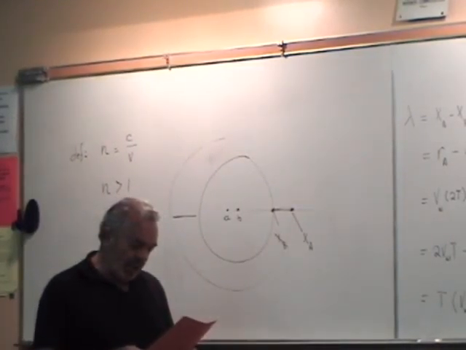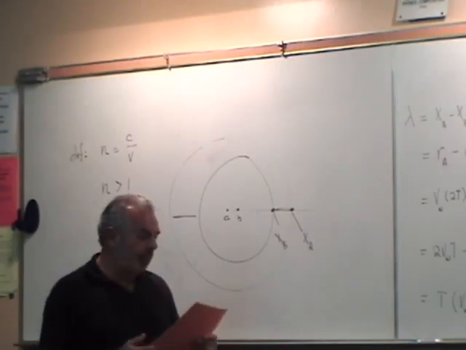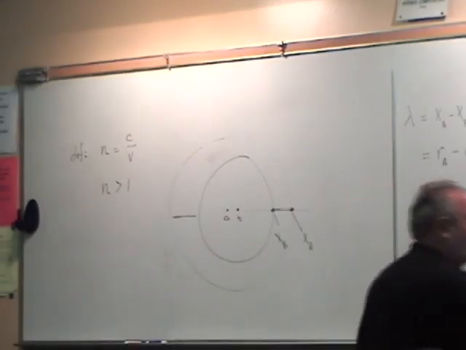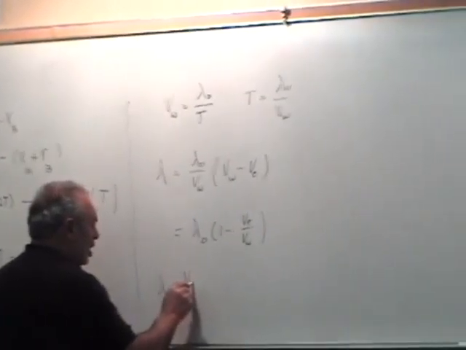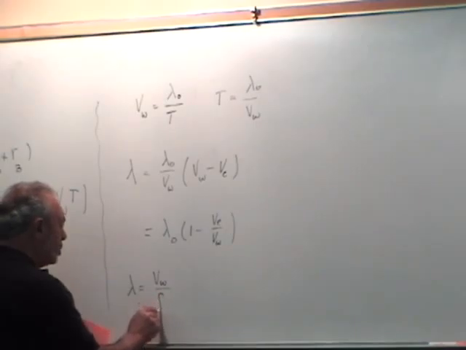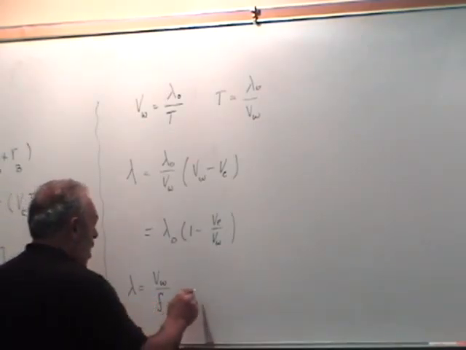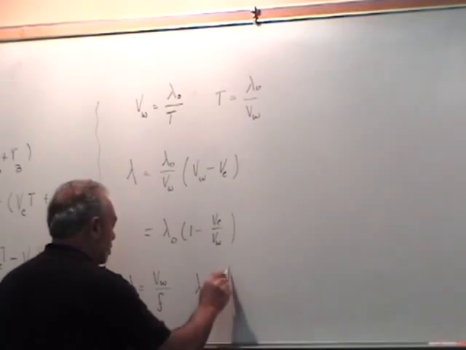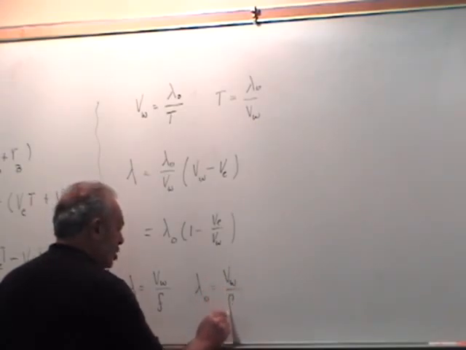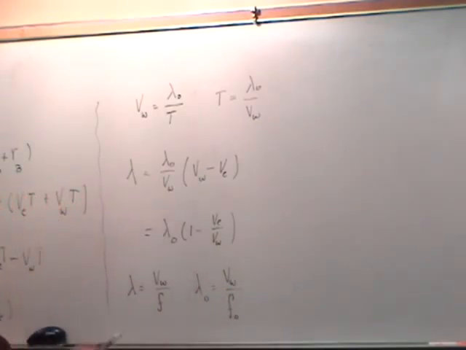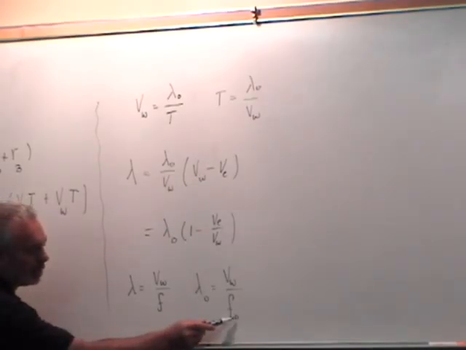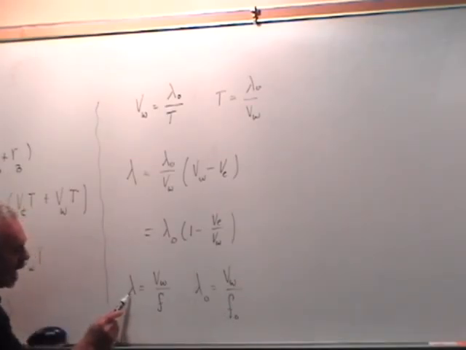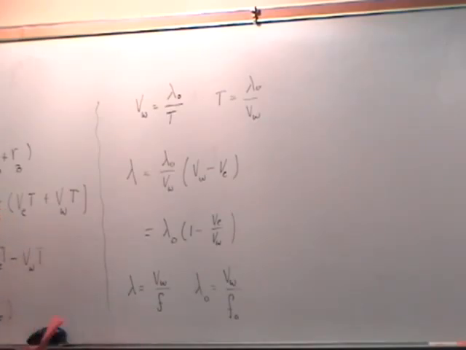So, what we'll do then is to simply put in place of wavelength lambda, the velocity of the wave divided by the frequency that we hear, and lambda naught is going to be, well, it's the same wave velocity, that doesn't change, but here's the fundamental frequency. So here's the wavelength emitted by the stationary observer, or the frequency that you hear if the observer was stationary relative to the sound source. And here are the shifted wavelengths and frequency.